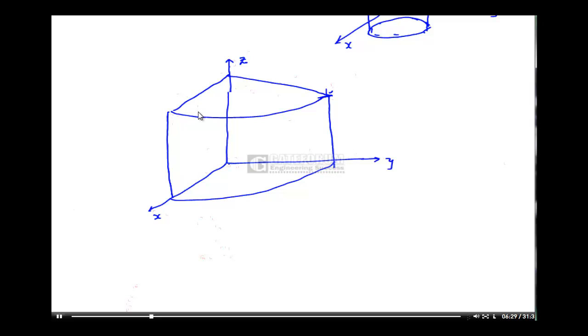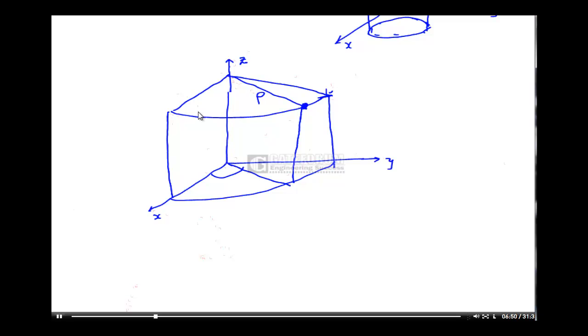Suppose if you want to represent a particular point, I can represent it like this. So this is a point. This is rho.